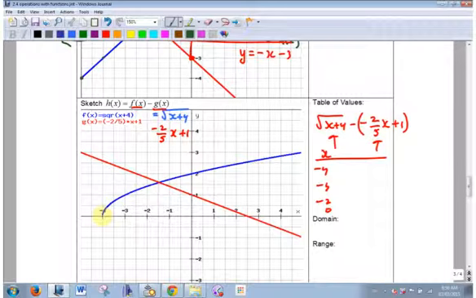I'm going to go minus 4 minus, now it's kind of ugly, but that's the point. What is this point? That's bigger than 2.5, about 2.6. So 0 minus 2.6 is negative 2.6. Okay, there's 1 point.